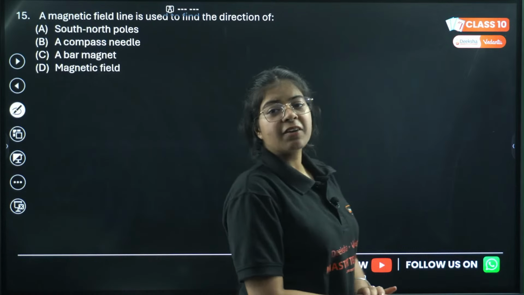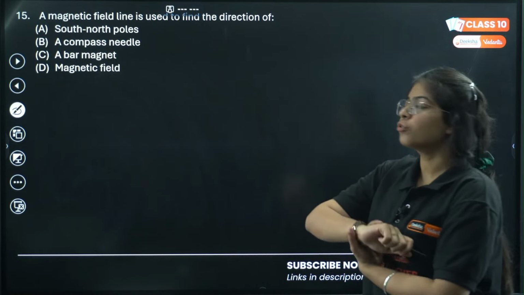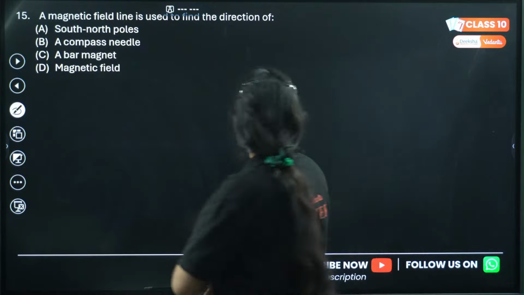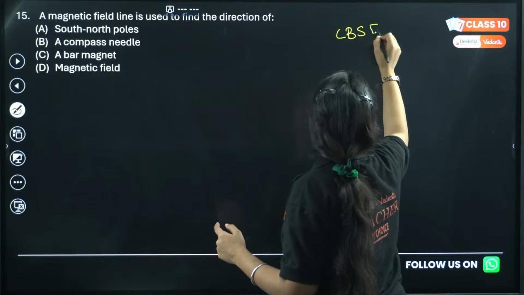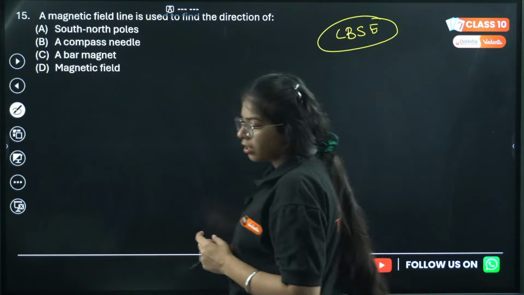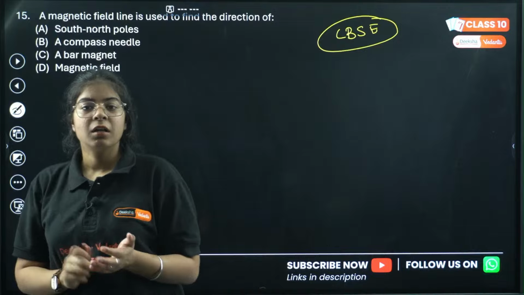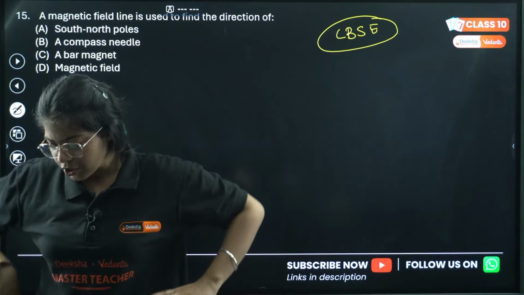A magnetic field line is used to find the direction of what? This is very simple, but this is a CBSE board question. I don't remember which year, but this is a CBSE question.